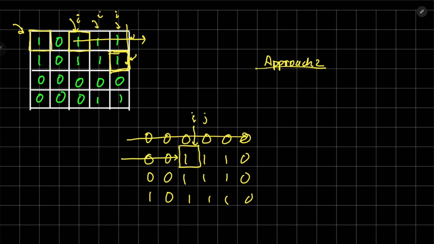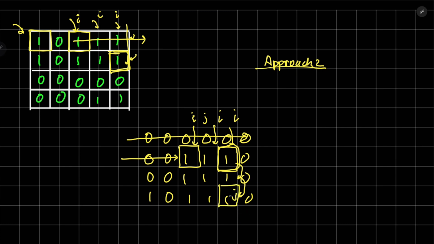So we'll move I right until we find 0. So I will be here, and now from here we will move to the bottom of this cell until we find a 0, or we find the end of the matrix. We find the end of the matrix here, so we must stop j here.